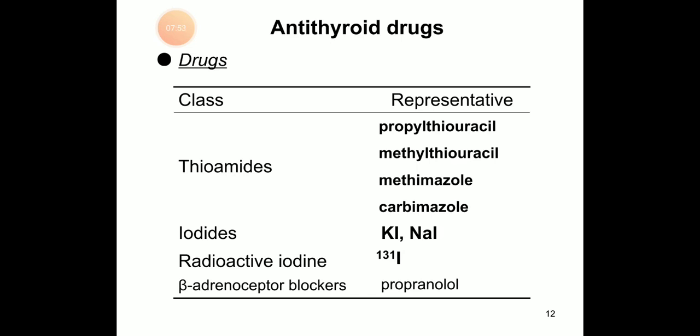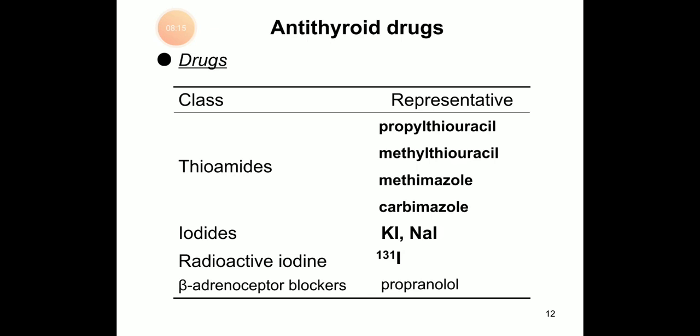So this is the reason why Lugol's iodine, or iodine as a whole, or potassium iodide is used not only during thyroid crisis or thyroid storm, it is also used before surgery to prepare a patient. It is usually given 10 to 14 days before thyroid surgery.